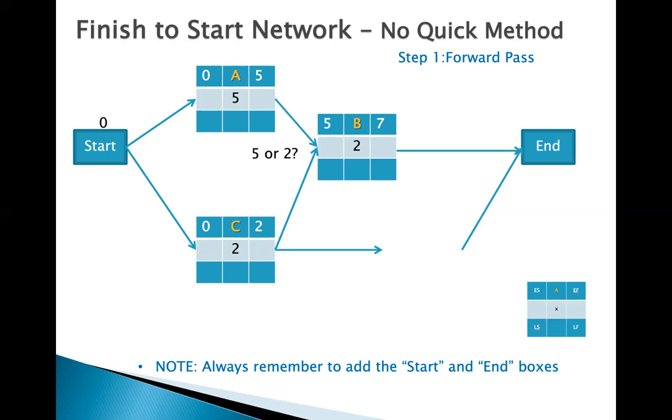Activity D is the same, but it's simpler than activity B, because to define the early start and early finish of activity B we had to decide between 5 or 2. Now there's just one possibility. What is the early start of activity D, as in David? There's only one possibility, which is 2.